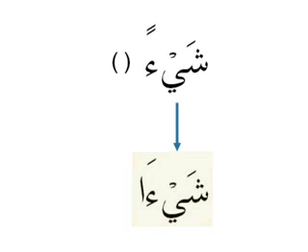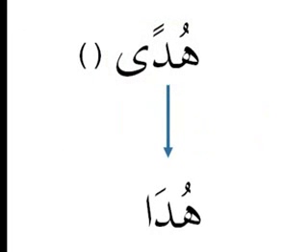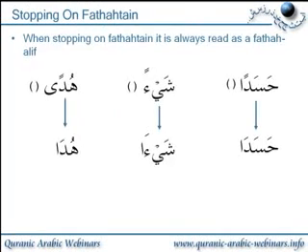However, when you read this, you still read it as if it's fatha alif, so that would be read as shay'a, too long. And again, the same rule applies when you have fathatain followed by alif maqsura, i.e. the alif painted as a ya, because essentially that alif maqsura is an alif. So in this case you've got hudan, it becomes huda, too long.